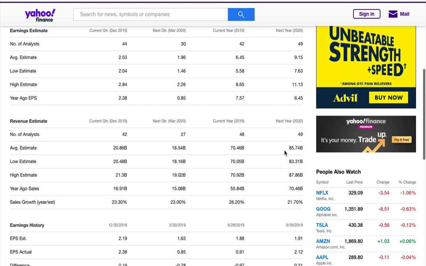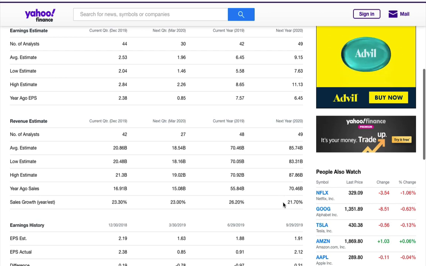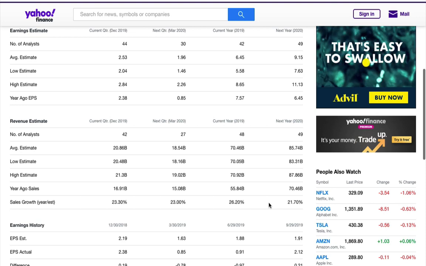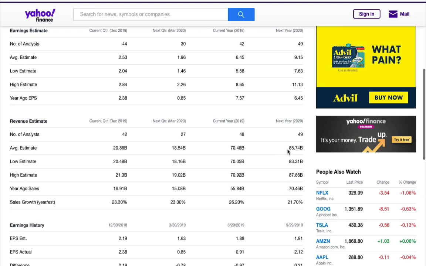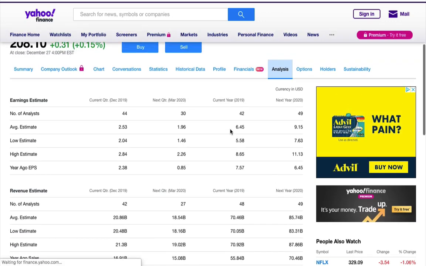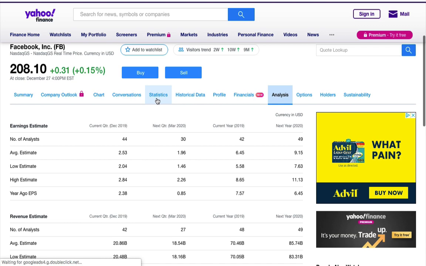So that is pretty good growth, especially for a business that is at 593 billion market cap, and that growth is for their revenues. And then based on your revenue, then you get your net income. Based on your net income, you can get what the future market cap can hold.